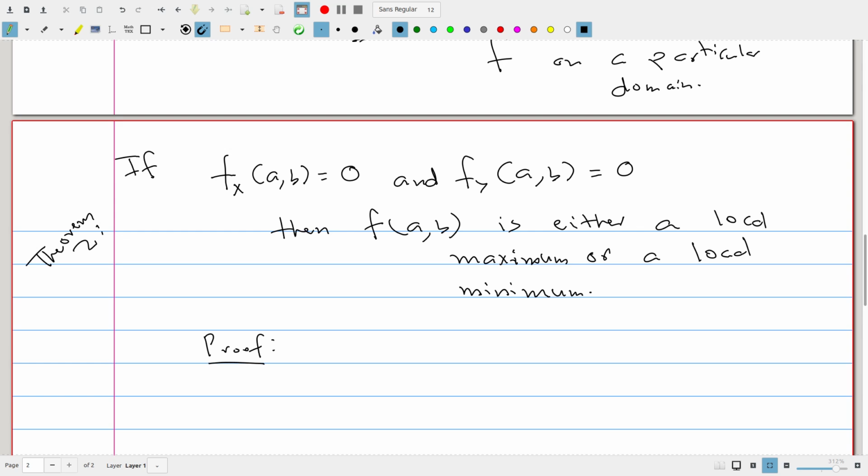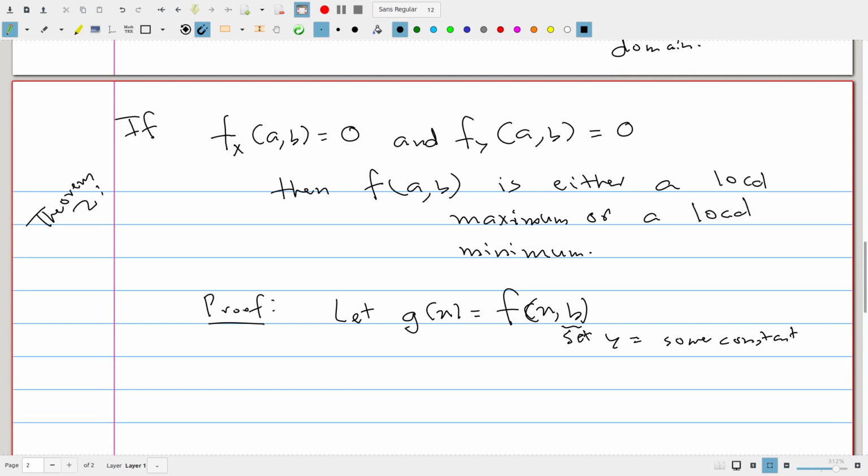Let g(x) equal f(x, b). What we did was set y equal to some constant. Since y is constant, g is just a function of x.